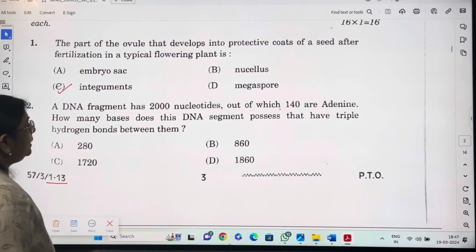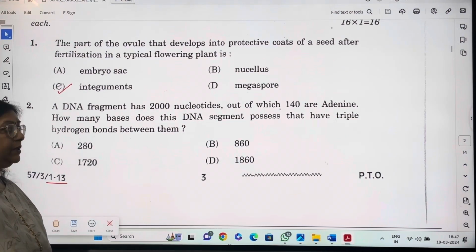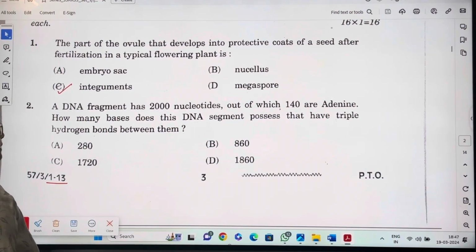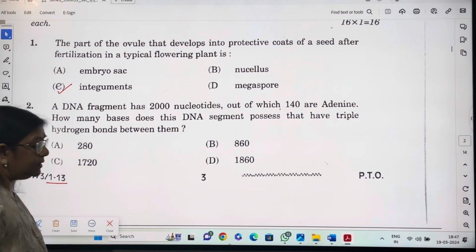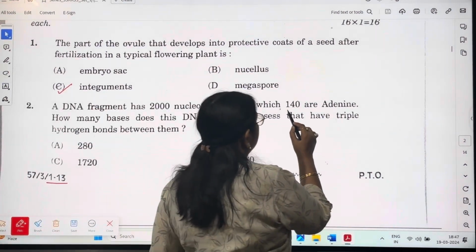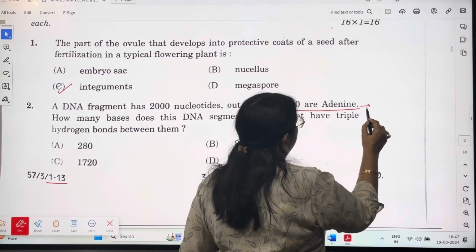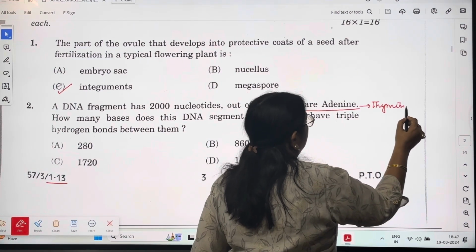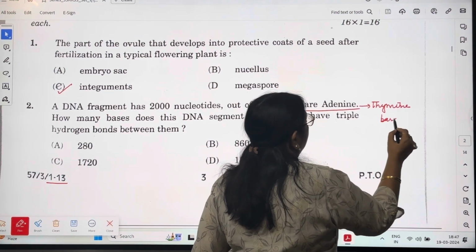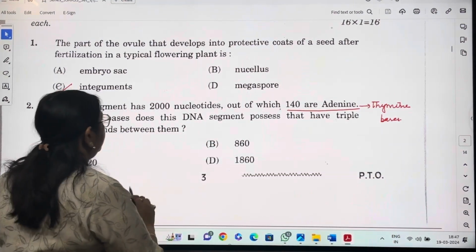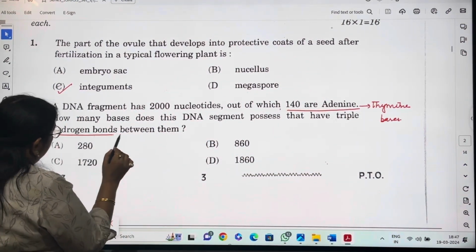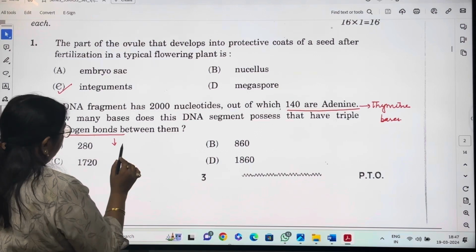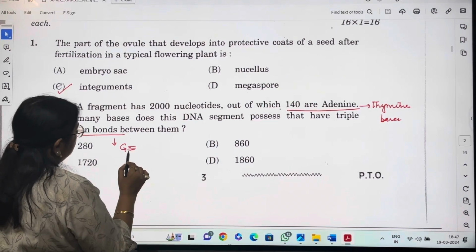Second question, a DNA fragment has 2000 nucleotides, out of which 140 are adenine. How many bases does this DNA segment possess that have triple hydrogen bonds between them? 140 are adenine bases. It means 140 will be thymine bases. And the triple bond is found between guanine and cytosine.